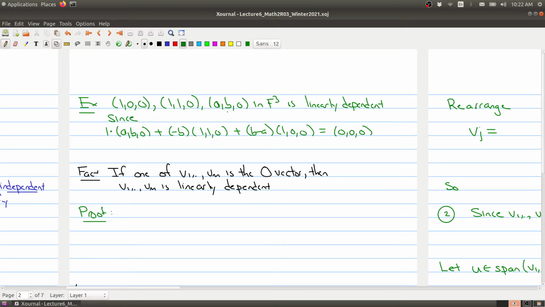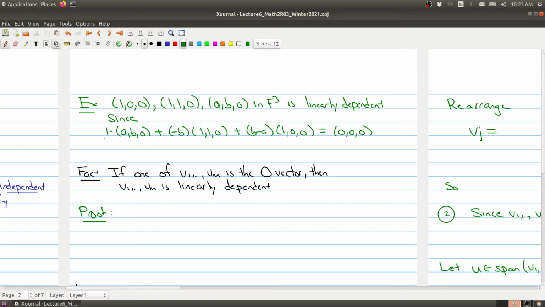The a and the b are allowed to be any numbers. Regardless of what the values of a and b are, I can find a linear combination that gives 0. And I get a non-trivial solution because I always have a 1 right here. So this gives you an example of something that's linearly dependent.